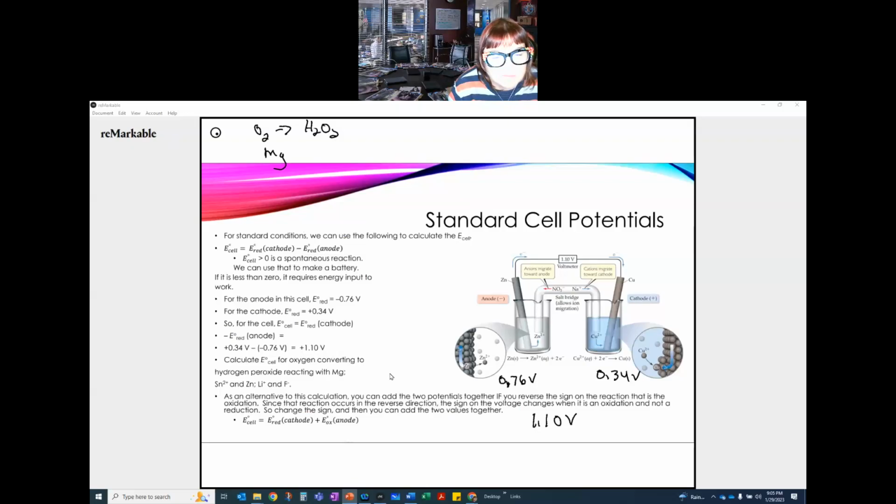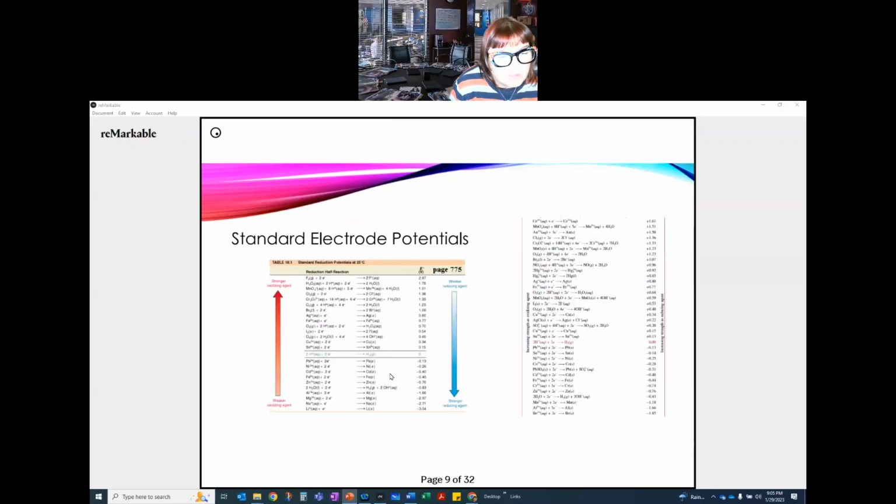Okay, let's go look at our tables. So oxygen going to H2O2. I'm going to look for H2O2, and I see right here 0.70, I see O2 gas.